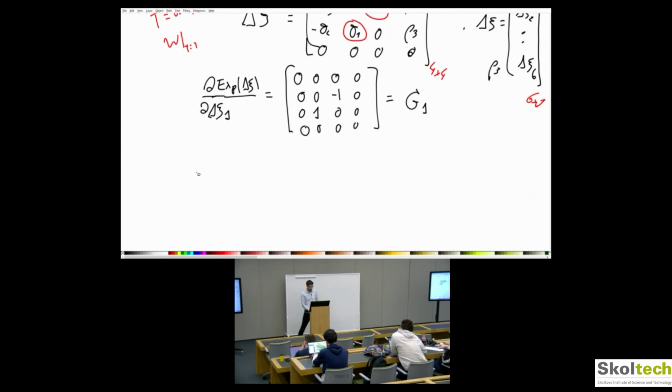Okay, so getting back to our example, we were deriving this function of t, right? So that means that here we are going to have the first generator, and then we are going to have this. Okay?